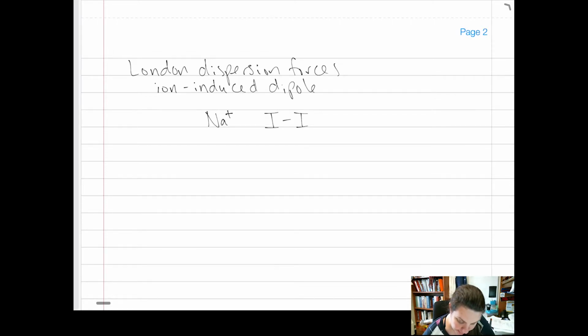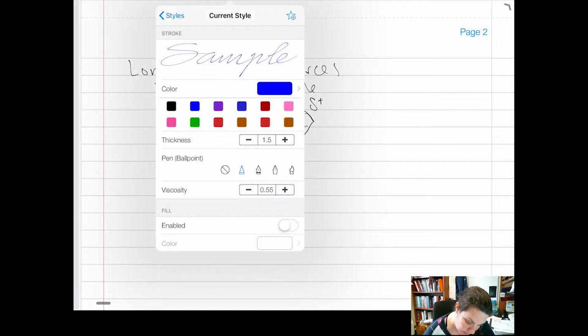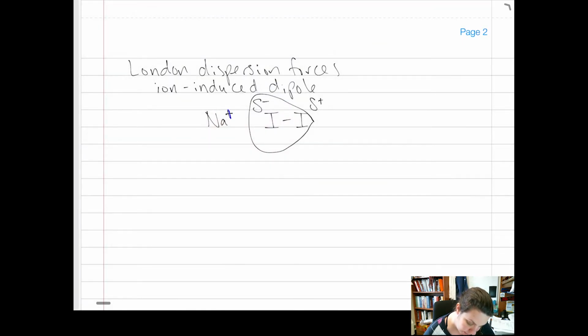That sodium ion is going to attract the electron density, getting a partial negative area and a partial positive area. The positive of the sodium and the partial negative of the iodine will interact with each other.